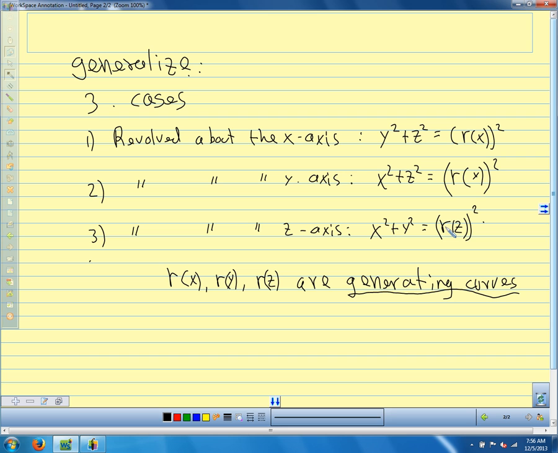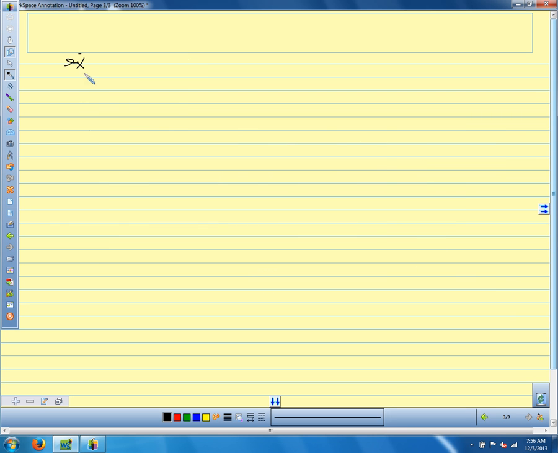All right, so let's look at a couple of examples of surfaces of revolution, and then we'll talk about finding a generating curve from a given equation. All right, so let's say we want an equation for the surface.